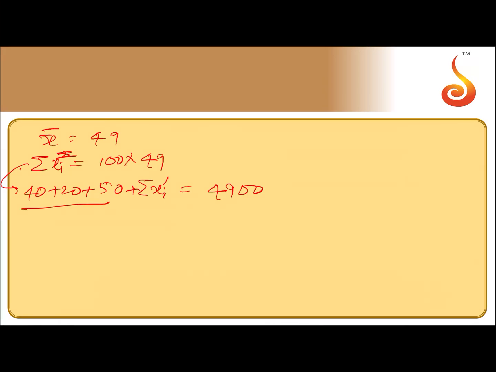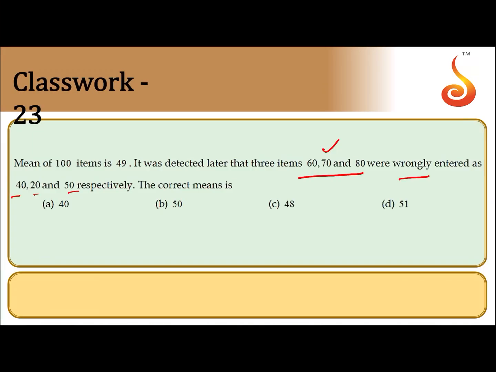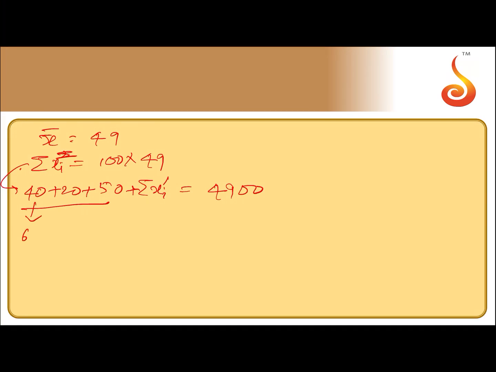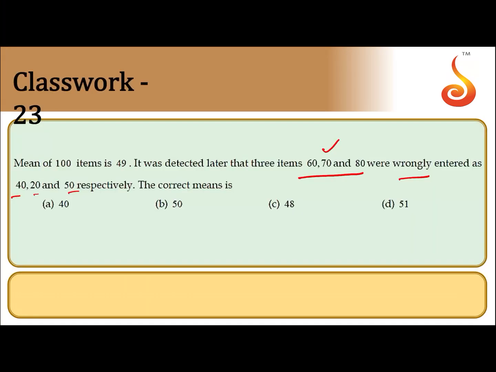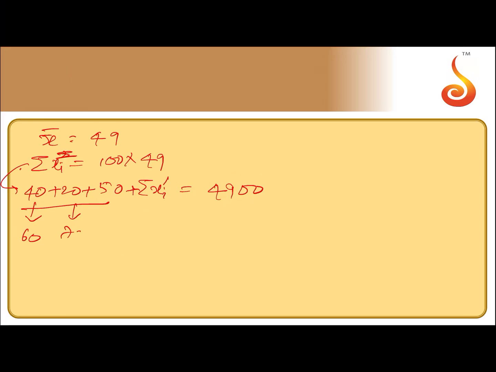See, these numbers, actual numbers are 60, 70, 80. So this number should be 60, this number is supposed to be 70, and this number supposed to be 80, plus sigma xi dash must be is equals to. So how much is the extra that you are supposed to add? 20 plus this is a 50, and this one 30 plus 4900.